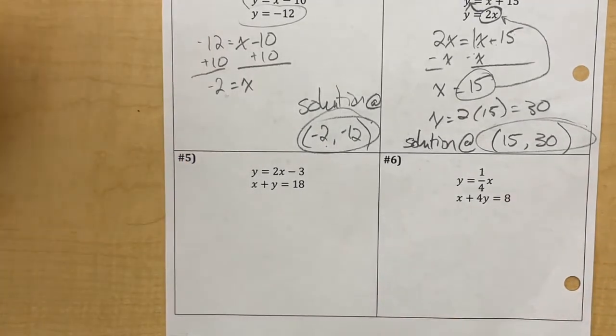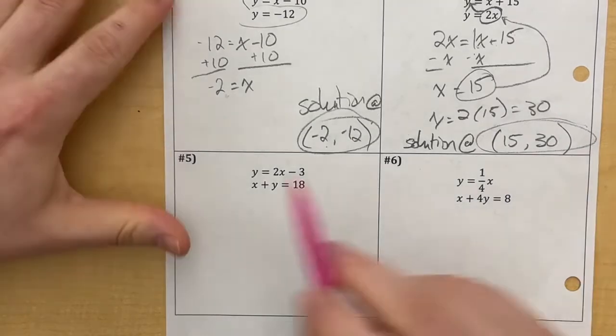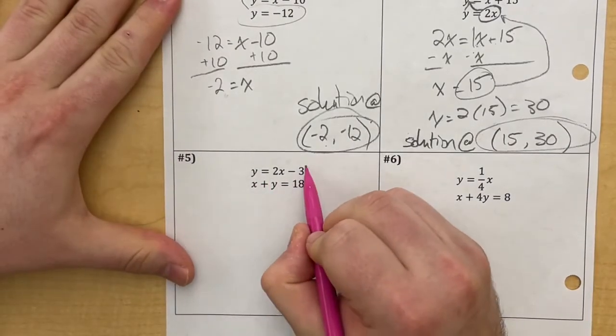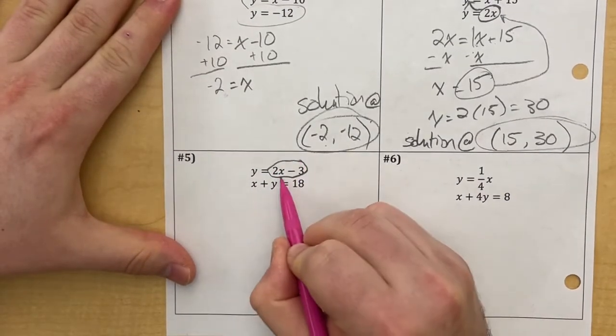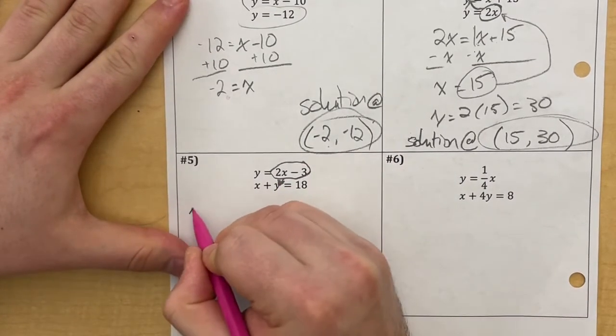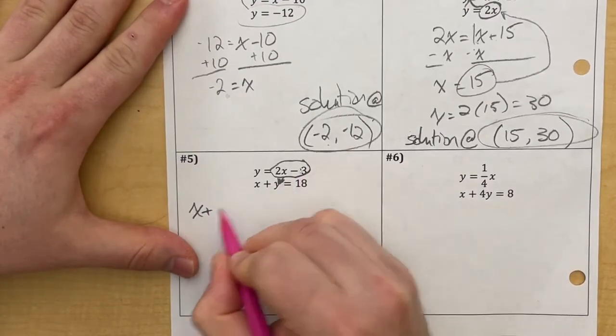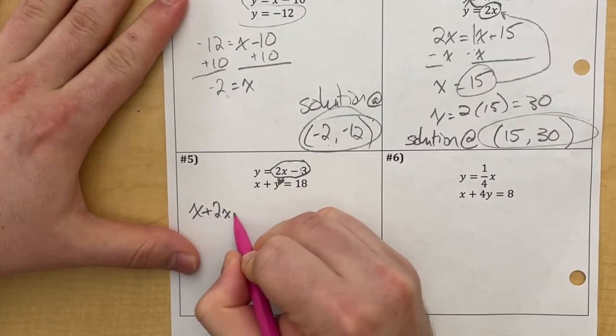For those bottom two, again, all you're doing is replacing one with the other. So make sure you can say, all right, I have this 2x minus 3. I'm going to plug it into that value of y. So I just have x plus this expression, 2x minus 3.